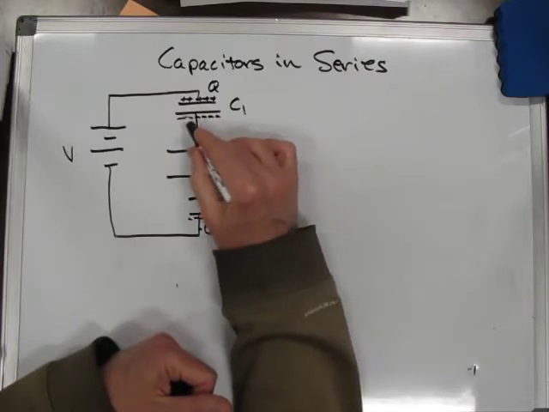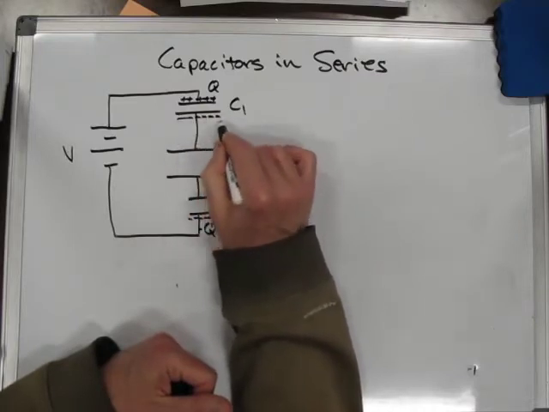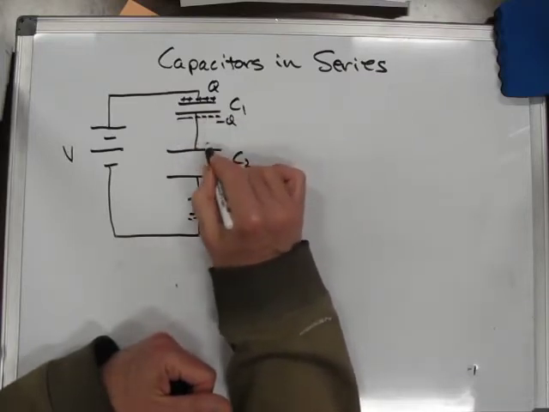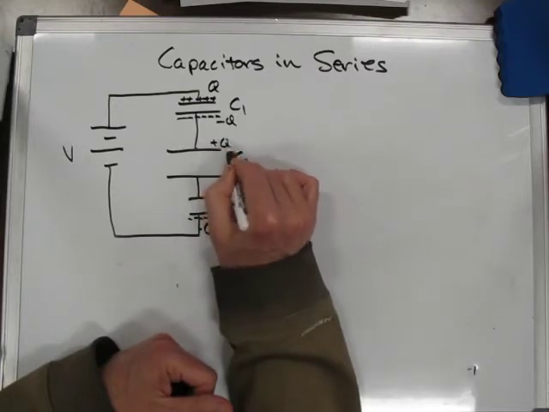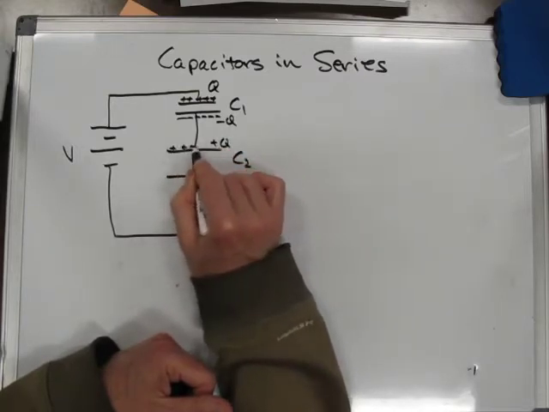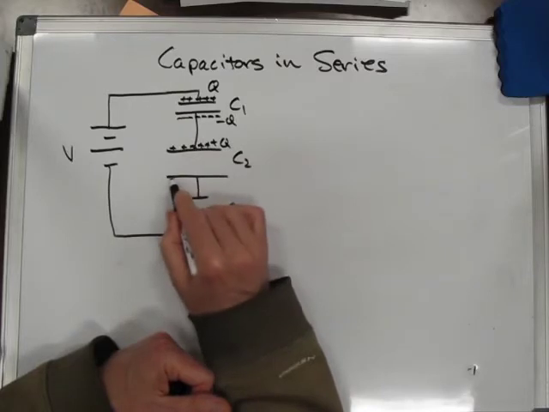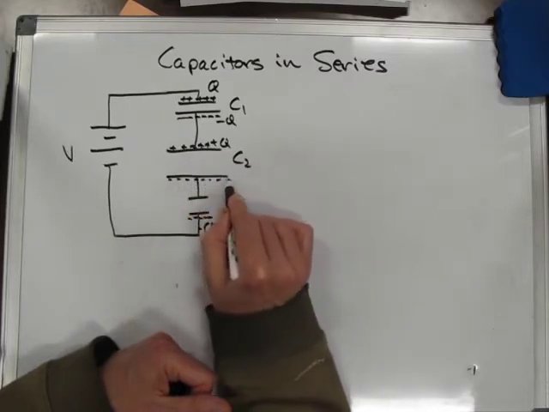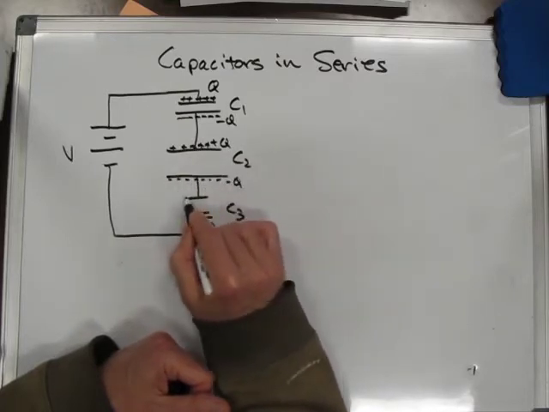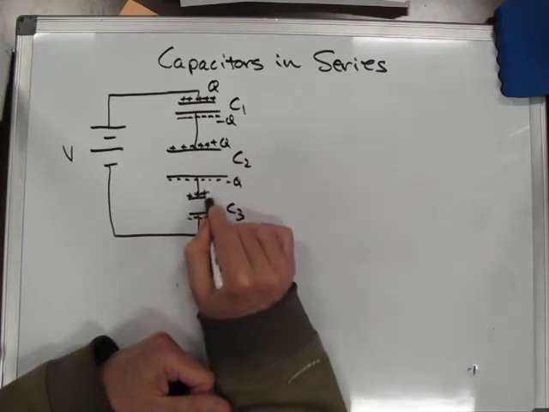This is a conductor here, right? This is a metal plate, a wire, and another metal plate. Minus Q. That leaves a plus Q on this plate, which puts a minus Q on this plate, which puts a plus Q on this plate.